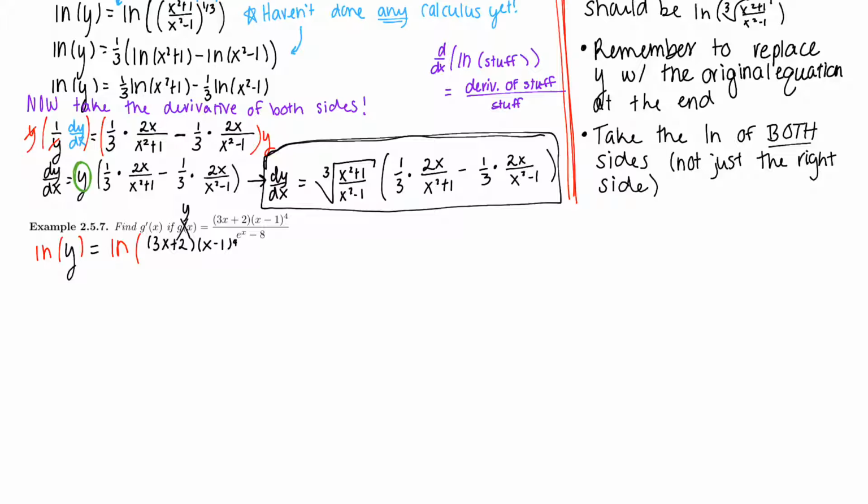Let me just pull that down a little bit and rewrite it a little bit. 3x plus 2, x minus 1 to the fourth, all over e to the x minus 8. Right? We're not going to do any calculus to begin with. To begin with, we're going to expand this thing.